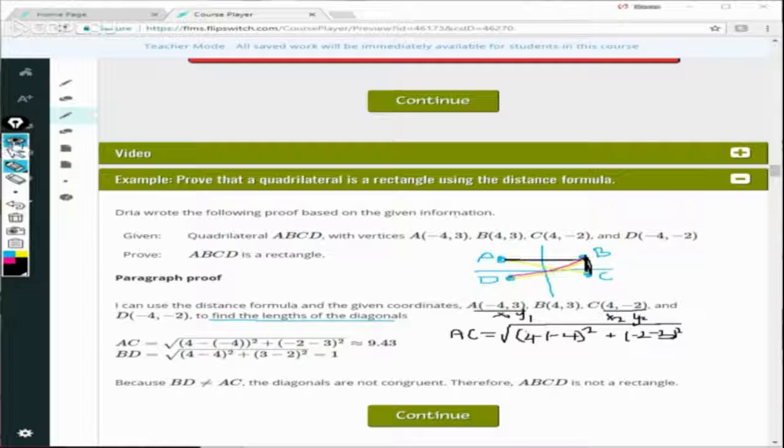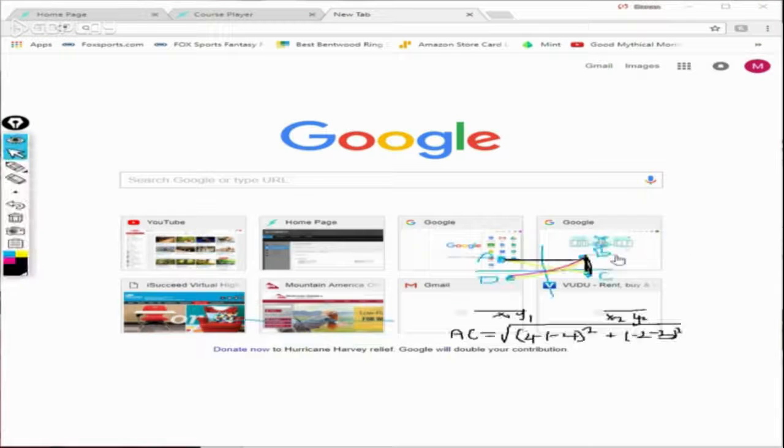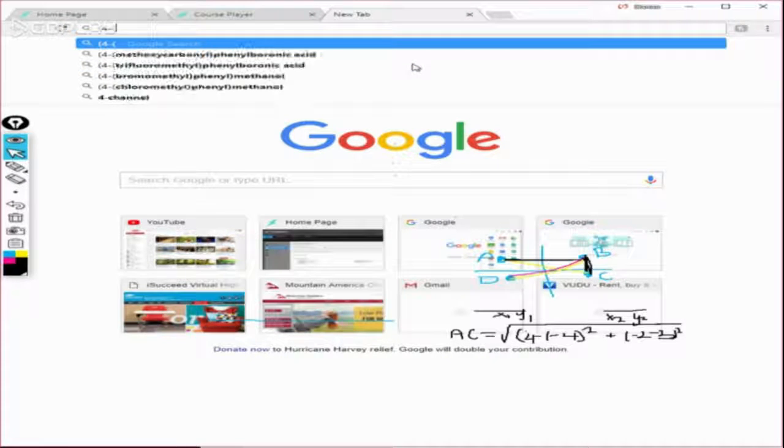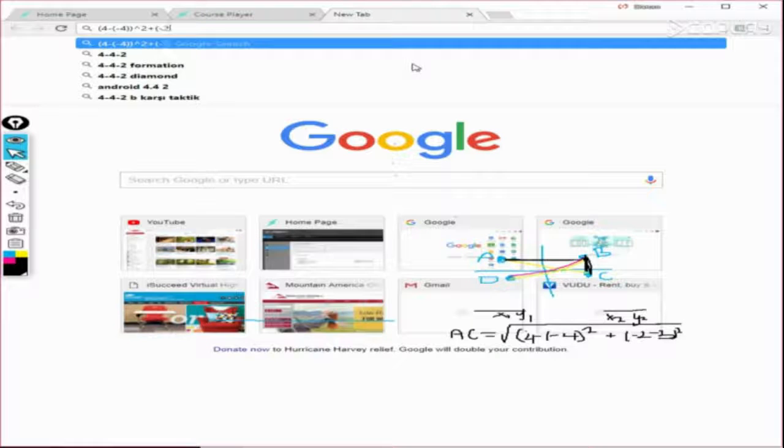So then I'm going to come over here and click on our graph, and I am just going to type in parentheses 4 minus parentheses negative 4, and that's going to be squared, plus parentheses negative 2 minus 3, and that quantity is squared.